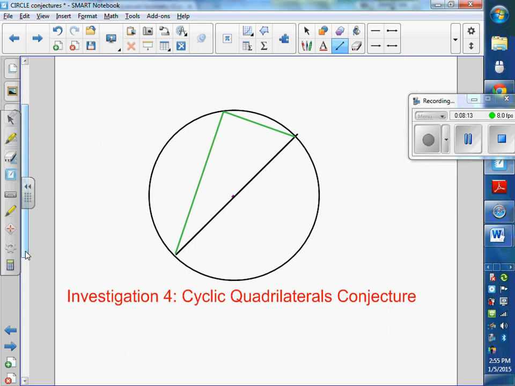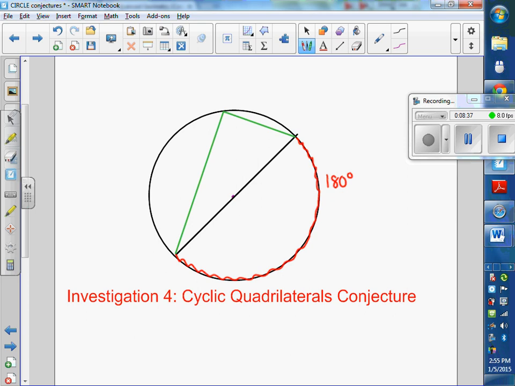I could draw several different angles, like this one to begin with. The intercepted arc of that angle is the one that I'm scribbling over here. That's a semicircle. That intercepted arc is 180 degrees.